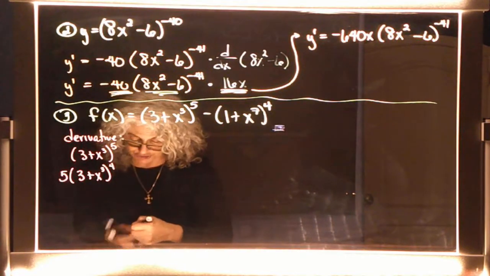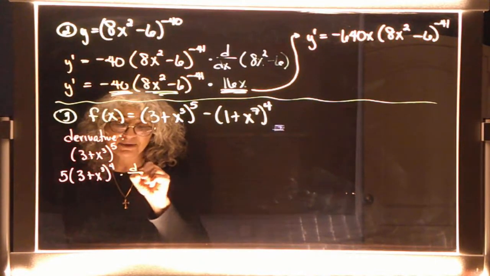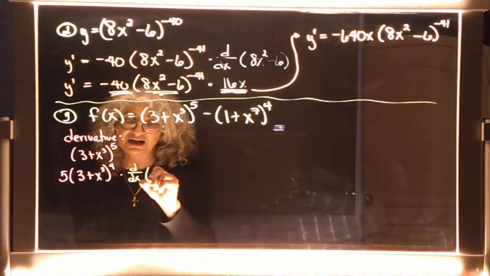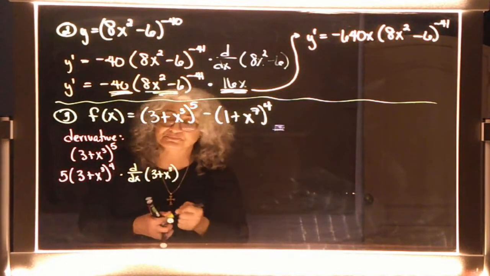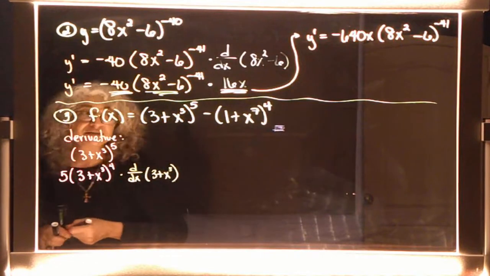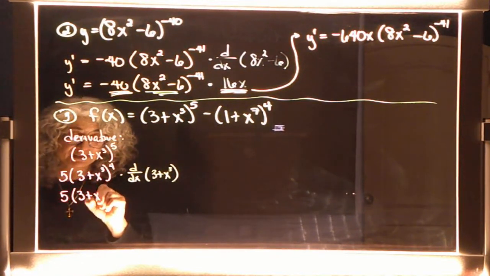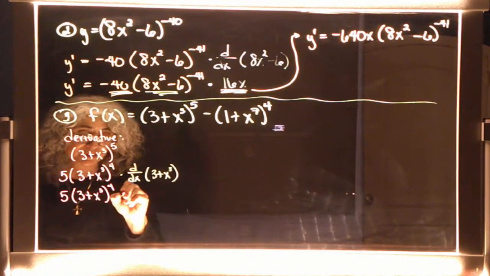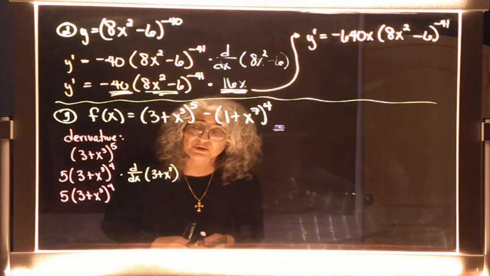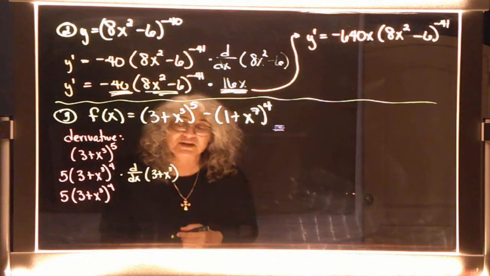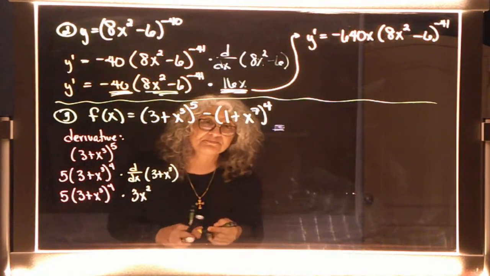So that means you're going to take this and you are going to multiply it by the derivative of 3 plus x to the power of 3. Okay, so 5, and in parentheses 3 plus x cubed to the power of 4. What do you get when you take the derivative of 3 plus x to the third? Good, you just get 3x squared, right?